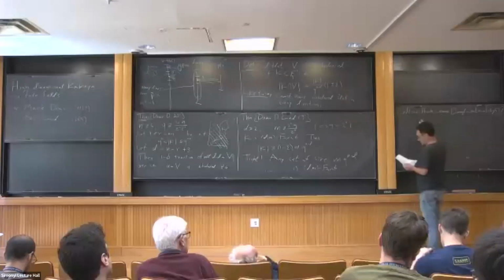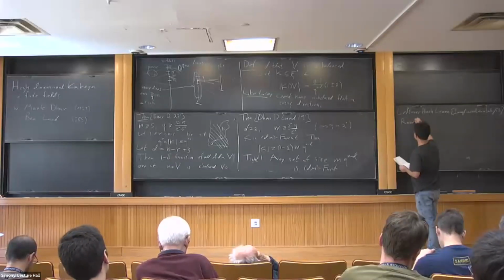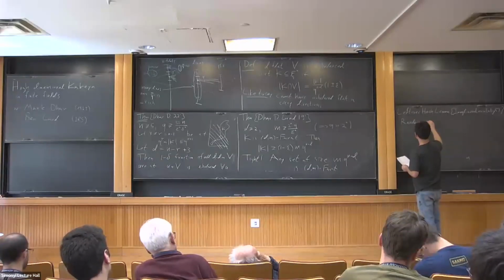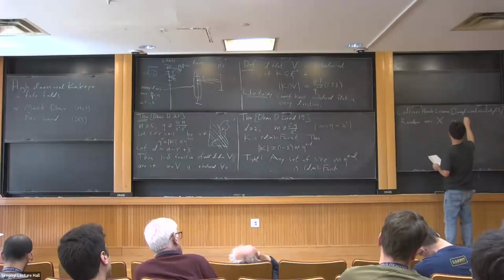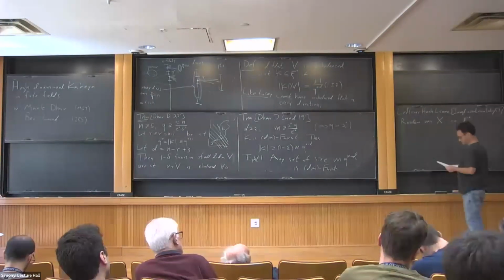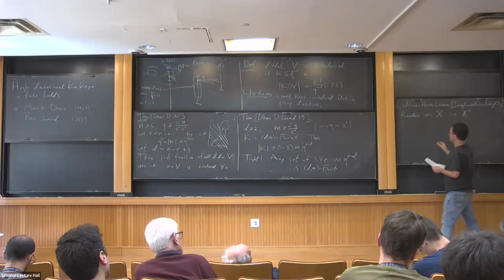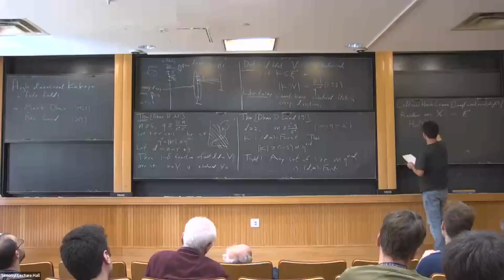This lemma tells you that if you have a random variable x distributed on the Boolean cube, let me write F_2^n, and the min-entropy of x is at least k.